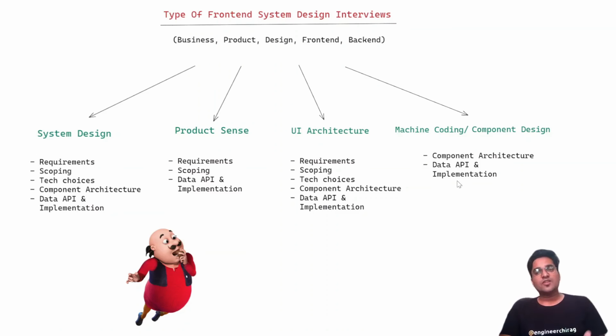Talking about machine coding and component design, most companies generally ask this as low level design. Either machine coding or component design will be the first or second round, where they give you a small piece of application to build.